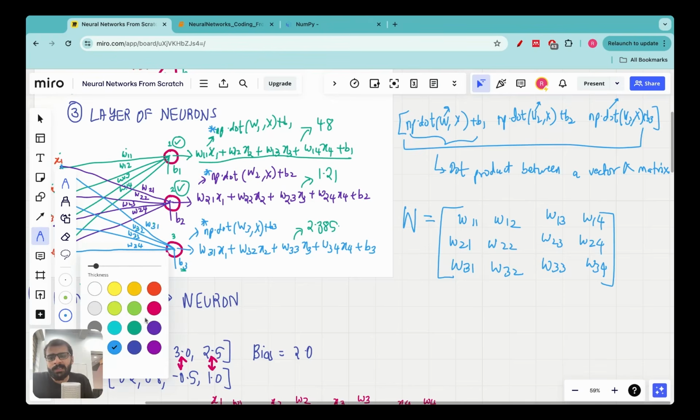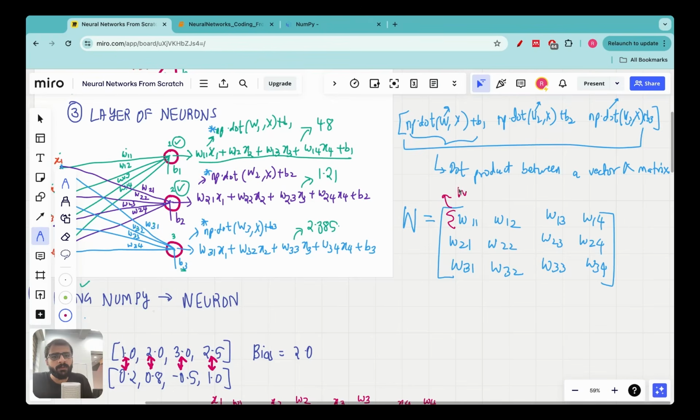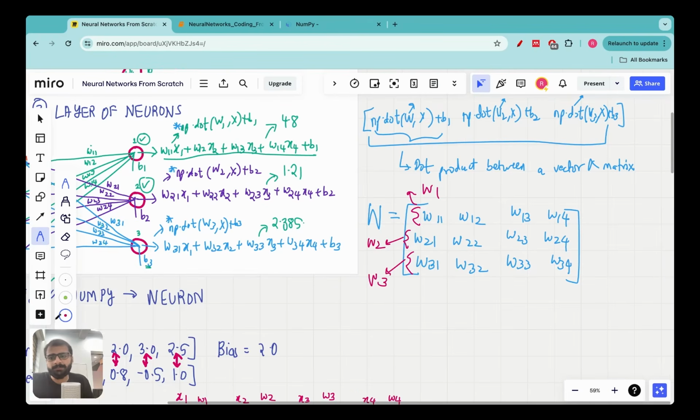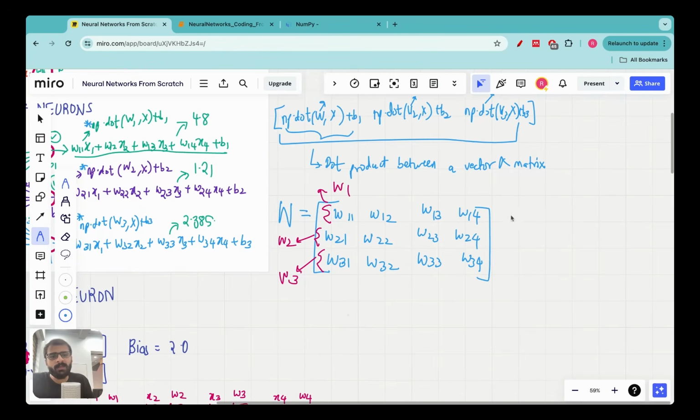Now, if I write my weight matrix like this, the first row will be W1, the second row will be W2, which is the weights associated with the second neuron, and the third row will be W3. And my X is my input, which is, let's say, X1, X2, X3, and X4.